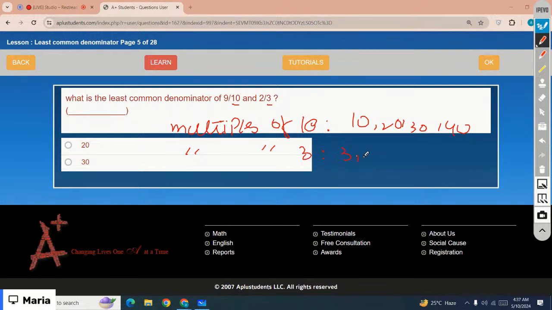So they are 3 times 1 is 3, 6, 9, 12, 15, 18, 21, 24, 27, and 30. So the only common multiple here is 30. So that's why the least common denominator of 9 by 10 and 2 by 3 is 30. Got it? The correct option is 30.